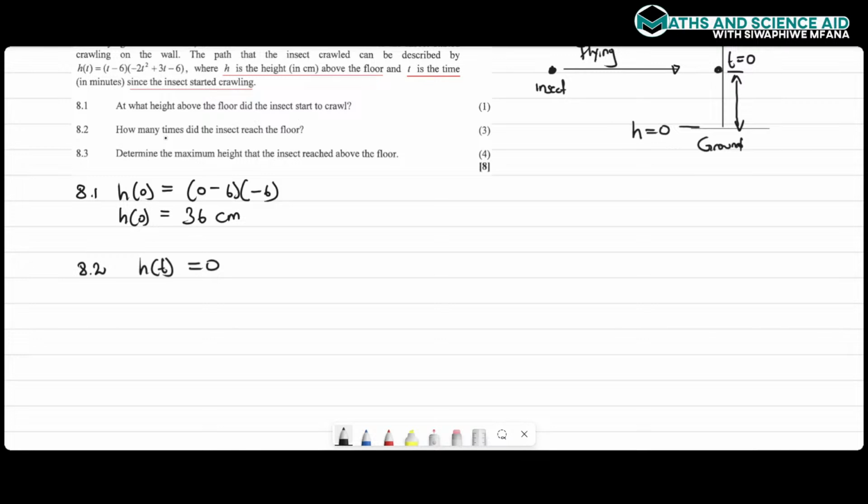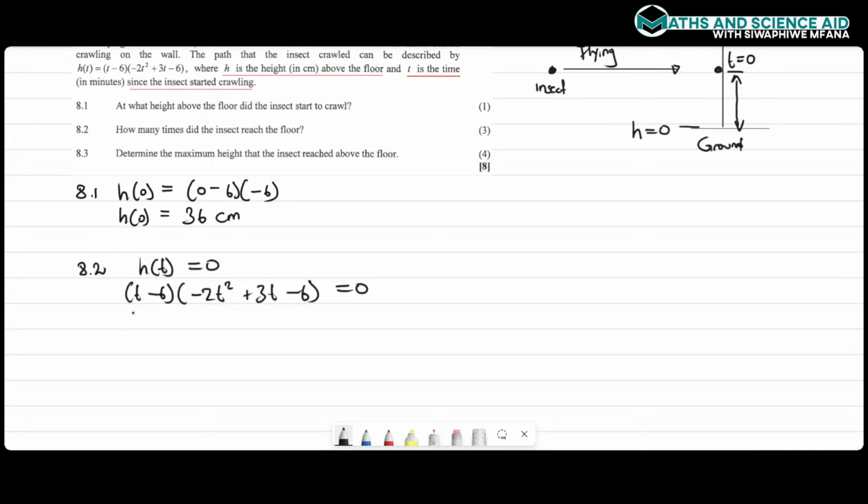In other words, we want to know how many x-intercepts this equation has. So our equation is (t minus 6) times (minus 2t squared plus 3t minus 6) equals 0.